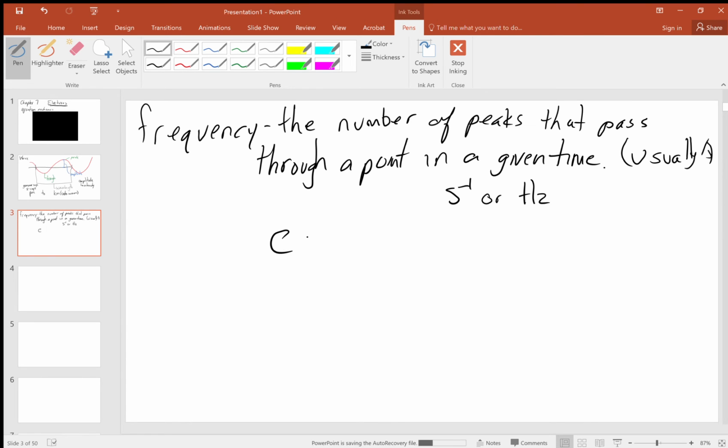c is equal to lambda nu, where c is 3 times 10 to the 8 meters per second. This is the speed of light.